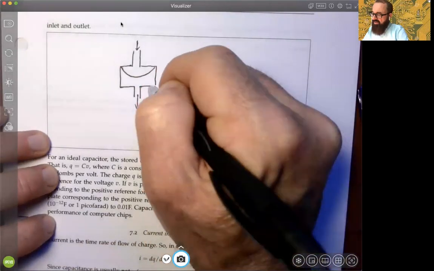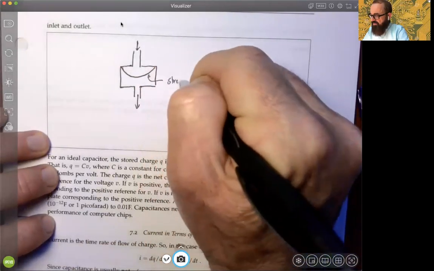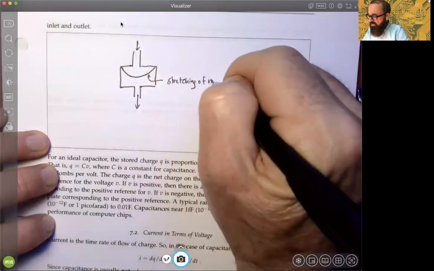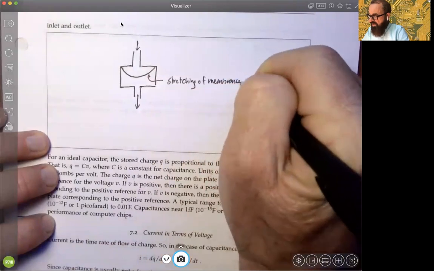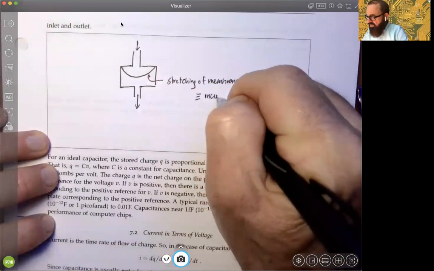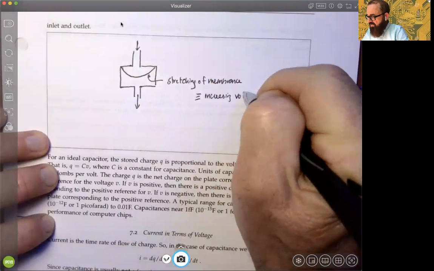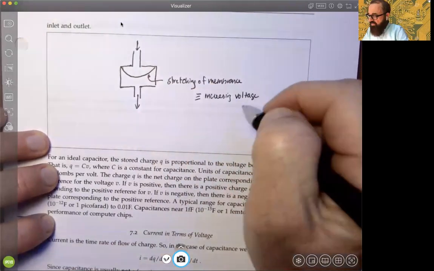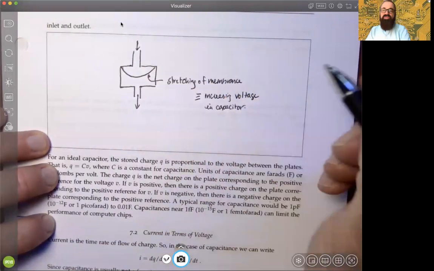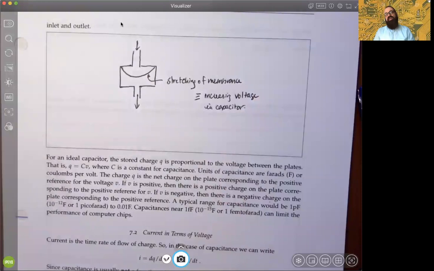That's exactly this idea of stretching of the membrane is equivalent to the increasing voltage and the capacitance, or in this case, in the capacitor, we'll say that, okay? So in other words, the voltage isn't just going to jump, it's going to gradually build up, okay? Similar to how the membrane stretches.